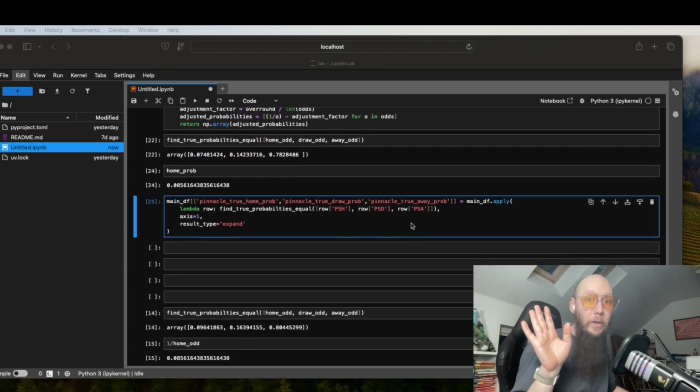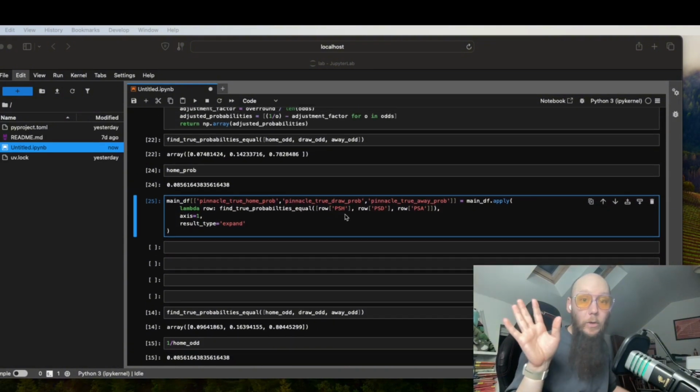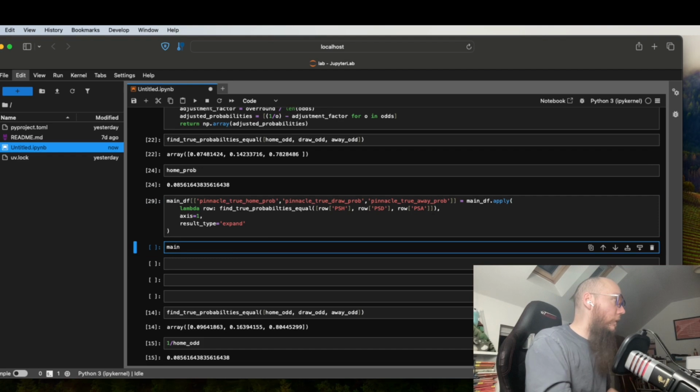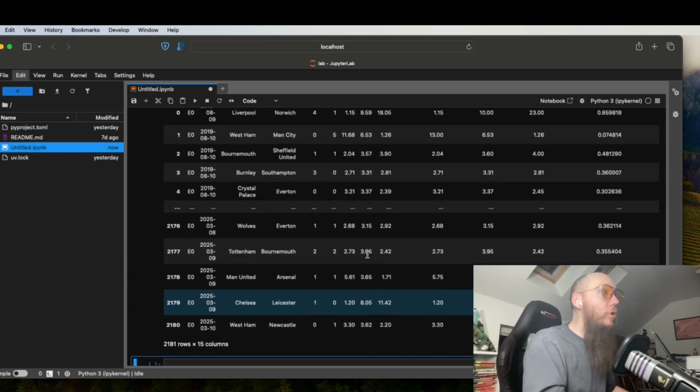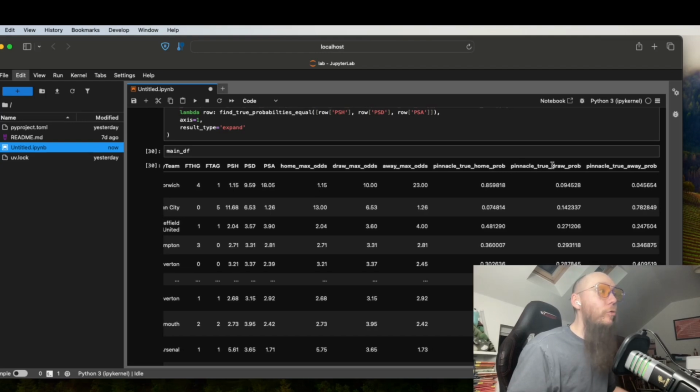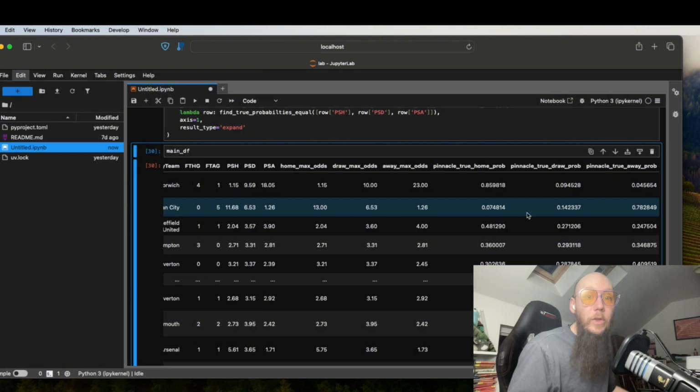If I then run this and get the results of the main DF, we can have a look at those. And we now have 3 new columns on the end. We've got Pinnacle true home prob, Pinnacle true draw prob, and Pinnacle true away prob. And they have in them the calculated probabilities from Pinnacle with the overround removed.